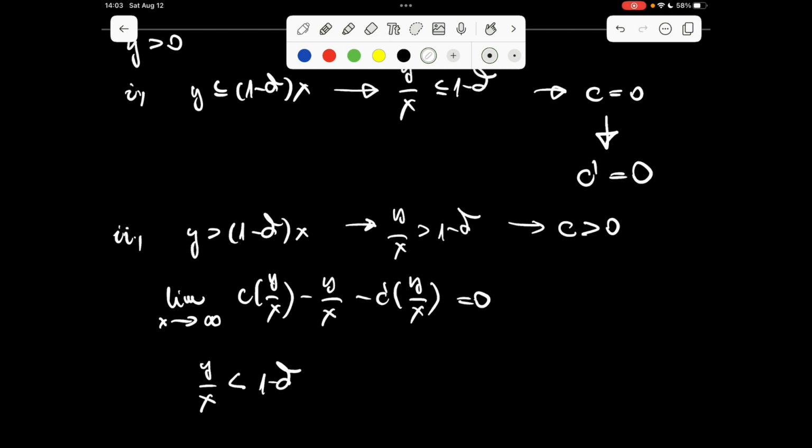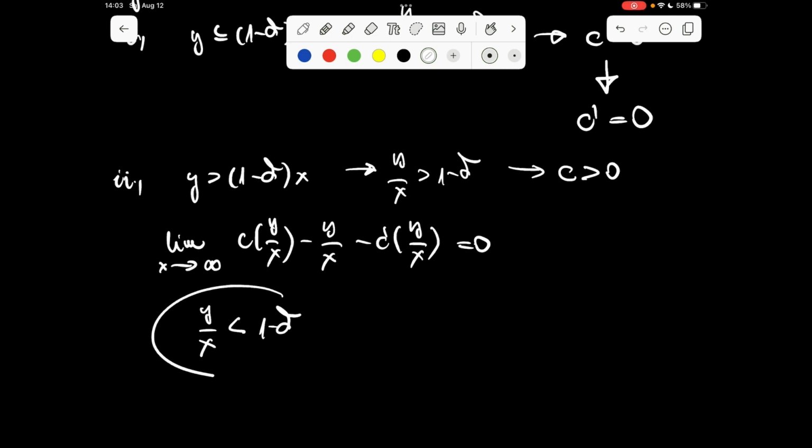So if x goes to infinity, sooner or later we will reach this ratio.